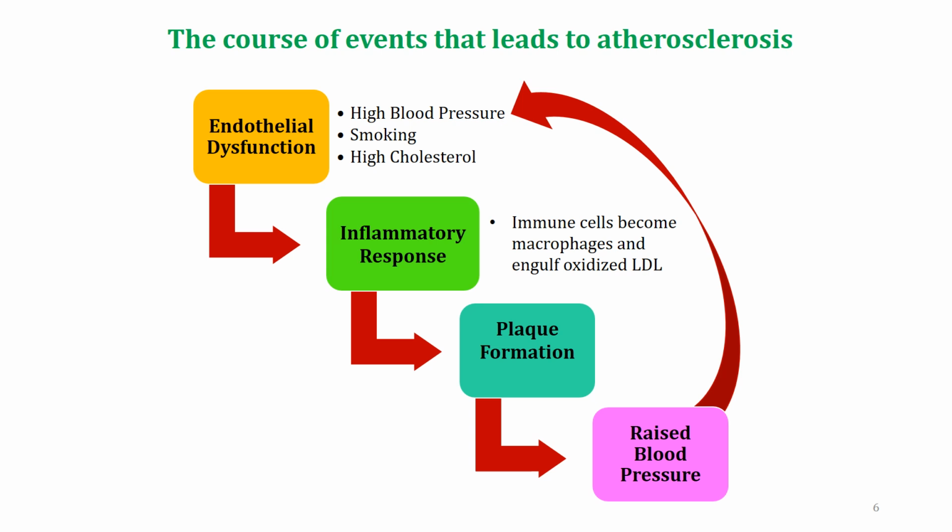Endothelial dysfunction due to smoking, high blood pressure, or cholesterol. Inflammatory response brings immune cells. Macrophages engulf cholesterol. Fat builds up and forms plaques. This leads to narrowing of arteries and increased blood pressure.